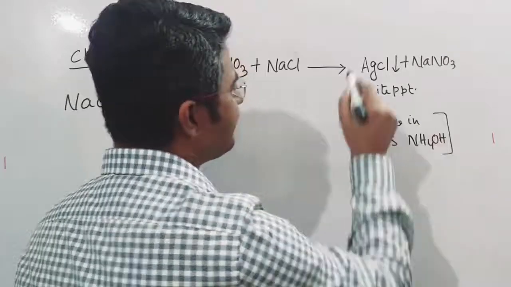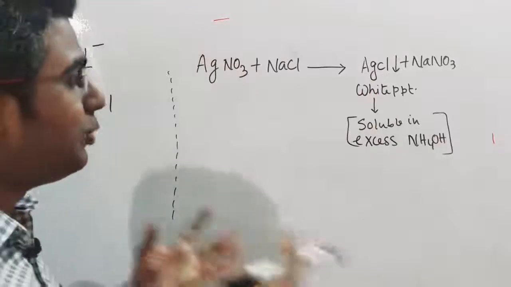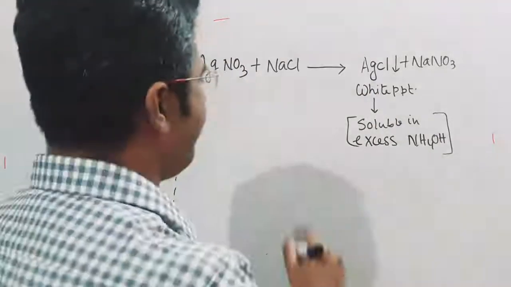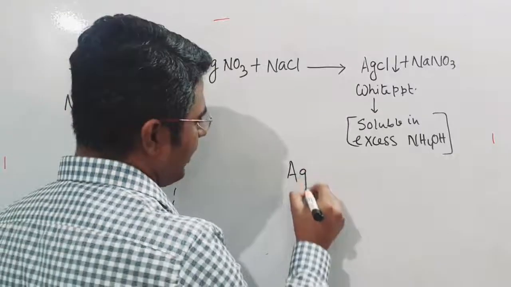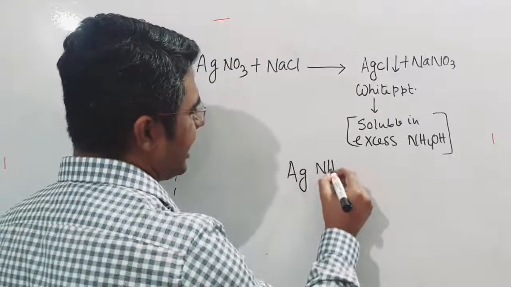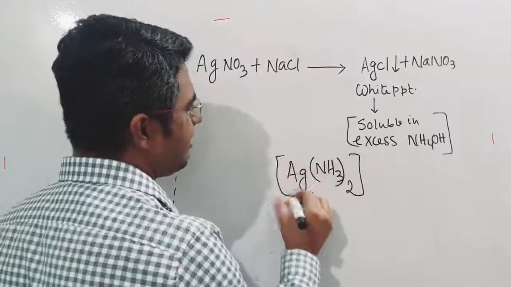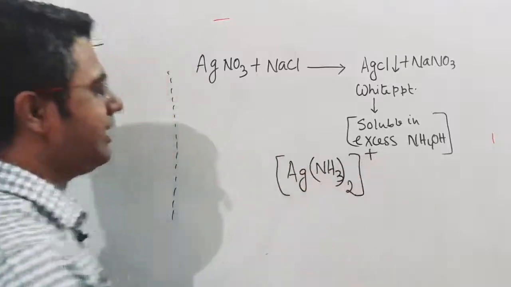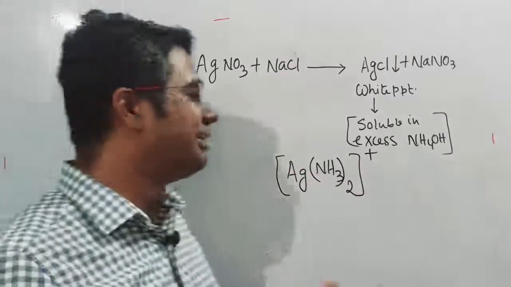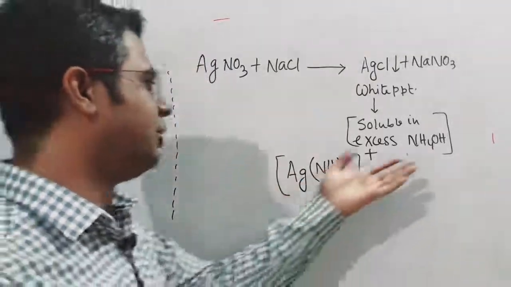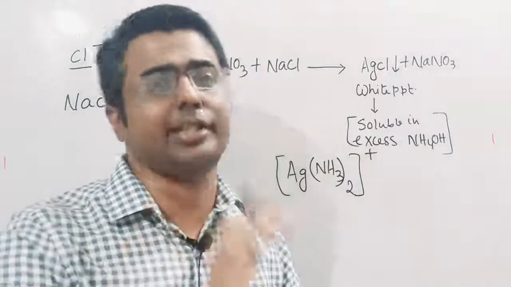This white precipitate dissolves in excess ammonium hydroxide, forming a very beautiful complex compound where the complex ion is like this. This is the diamine silver ion. So this is getting formed, and after that it becomes soluble. Complexation happens and it becomes soluble in excess NH4OH, remember it.